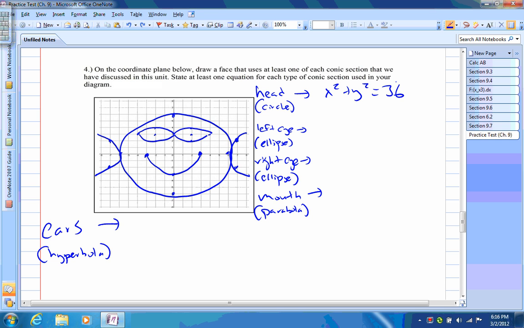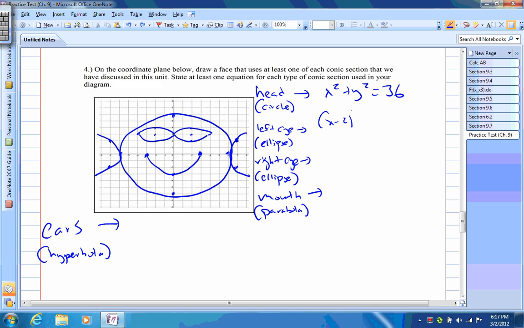If you look at the left eye, let's say we go with the face's left. The left eye would be 2, 3 for the center. And also, if you think about it, the length of the horizontal axis is 4. Half of that is 2, so a is going to be 2.